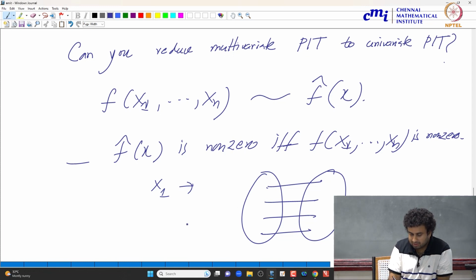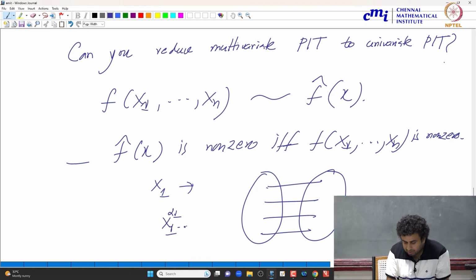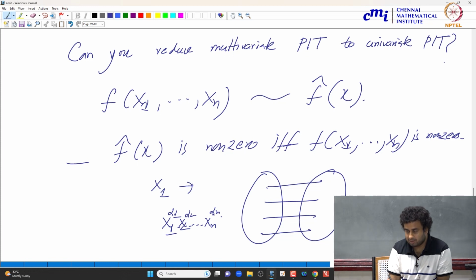What I am saying is, you have x1 to the power alpha 1, x2 to the power alpha 2, up to xn to the power alpha n. This exponent vector alpha 1, alpha 2, ..., alpha n, you have to map to an integer, and distinct tuples should be mapped to distinct integers. Here also you probably know the idea how to achieve this. Suppose you assume these values of alpha 1 to alpha n are all bounded by d.